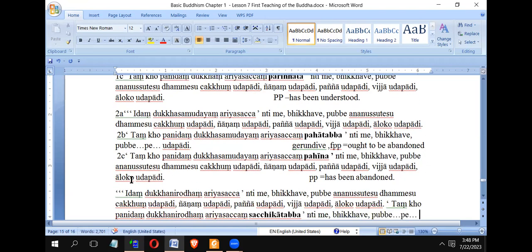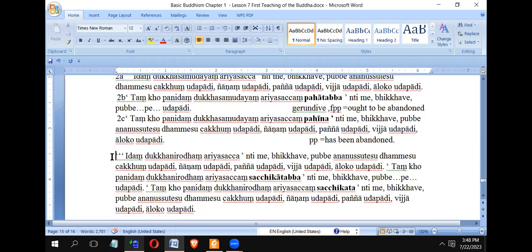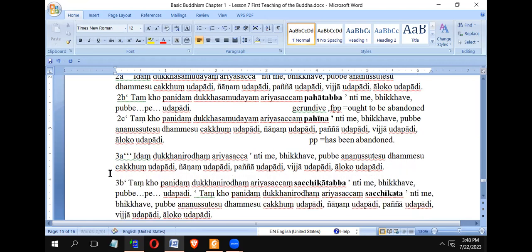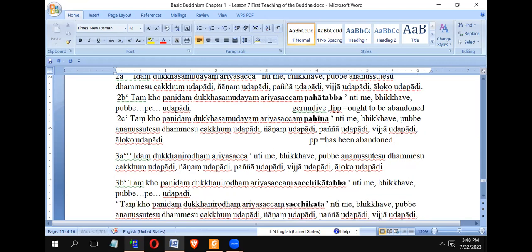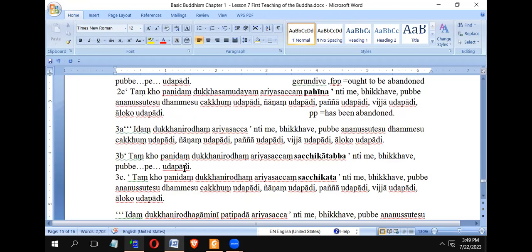Okay, let's look at number 3. So you have 3A, 3B, 3C. So what is 3A here? The third noble truth is about what? Cessation. Cessation of what? Cessation of suffering.